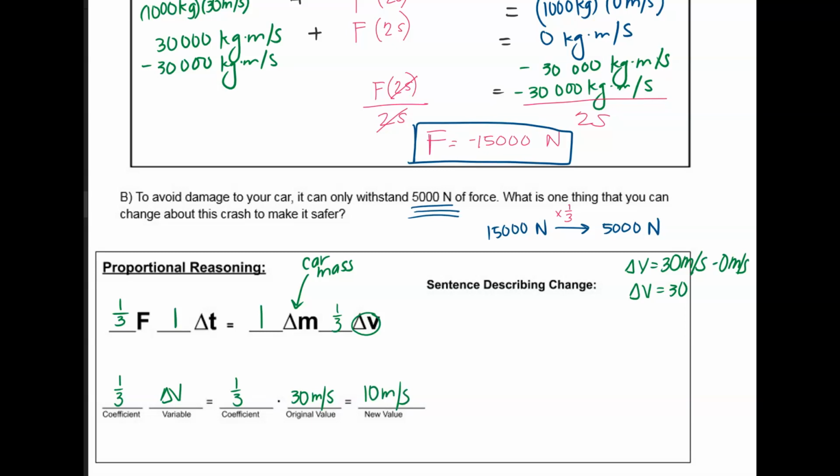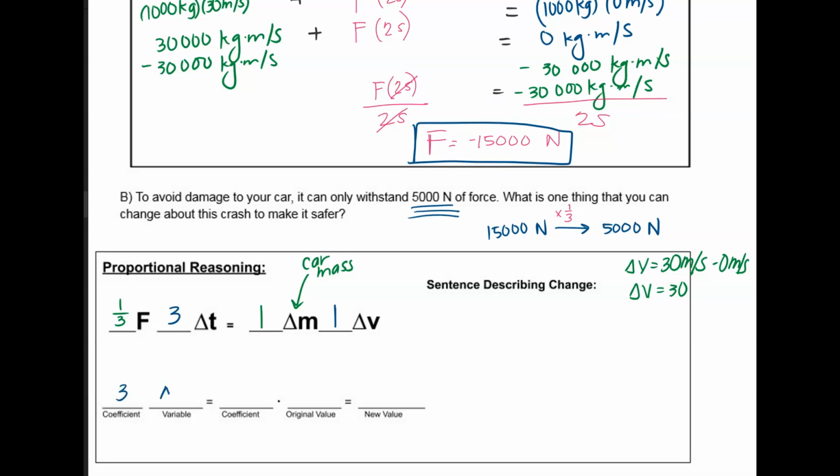Now, let's say we don't change the velocity and we keep the velocity the same. So now what we can do is we keep this the same. So the velocity is still going to be 30. But what we can do is increase the time by 3.